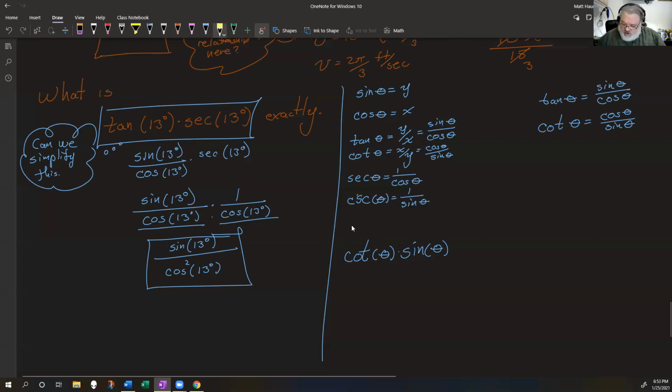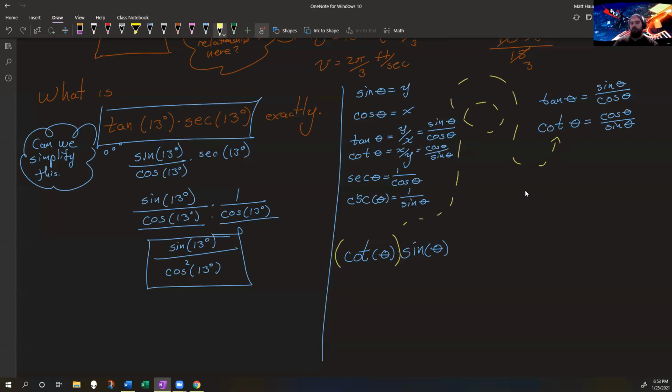But what is cotangent supposed to be equal to? Cosine over sine. It's supposed to be equal to the cosine of theta over the sine of theta, times the sine of theta over 1 if we want.